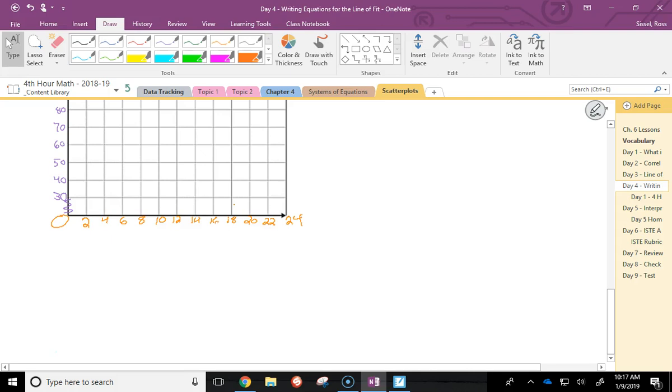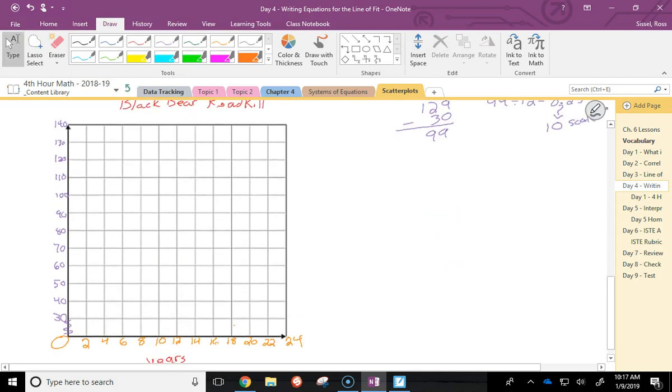On our x-axis, what was that, 0, 2, 4, 6, 8? That was our years. What was our 30, 40, 50, 60, 70, 80, 90?